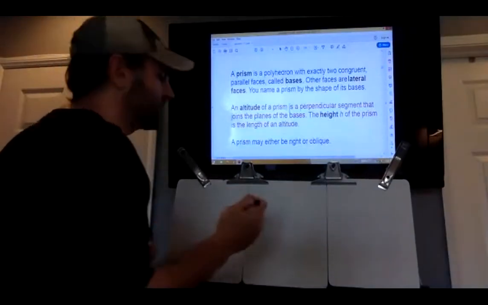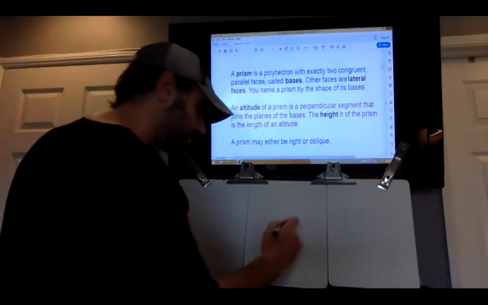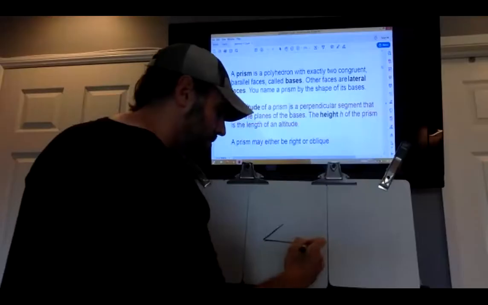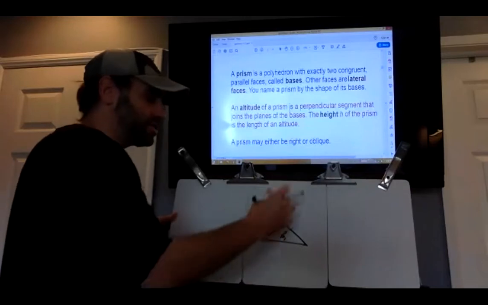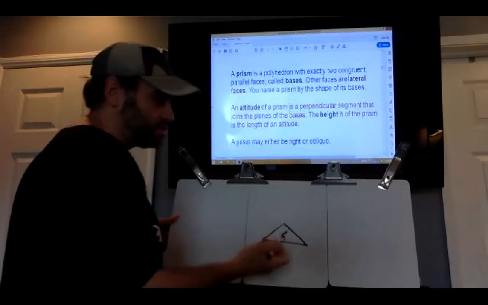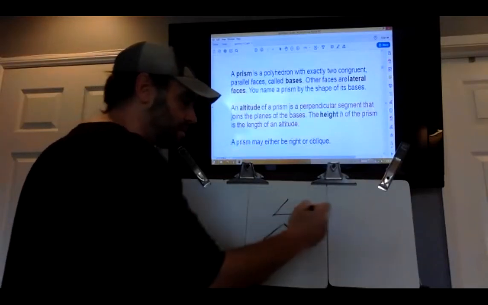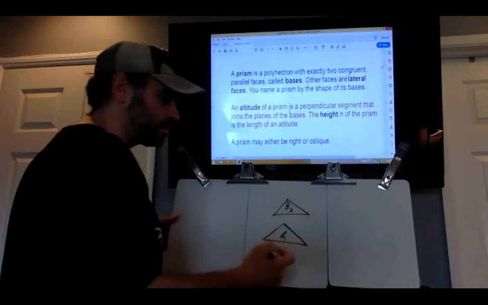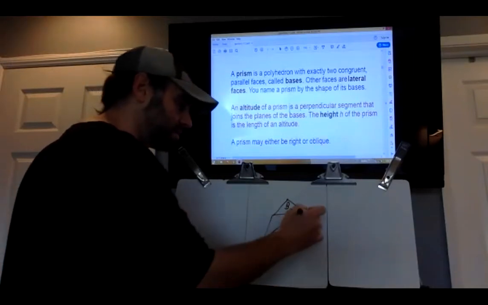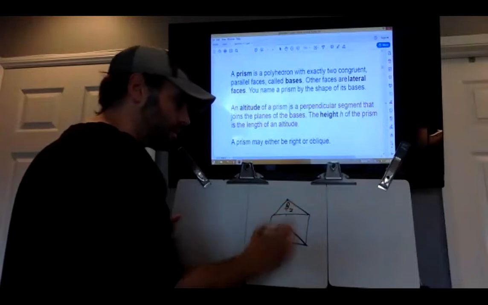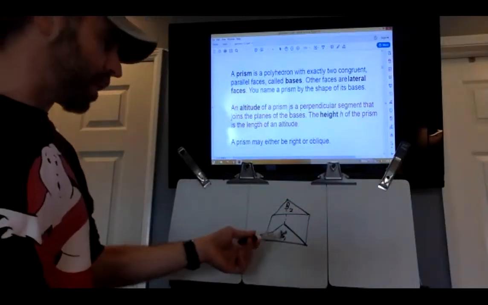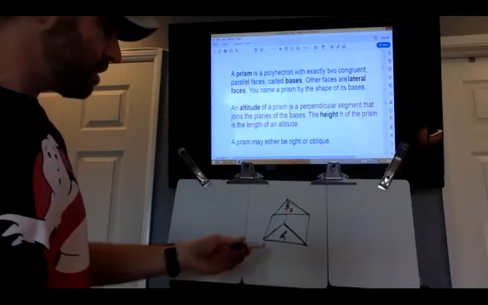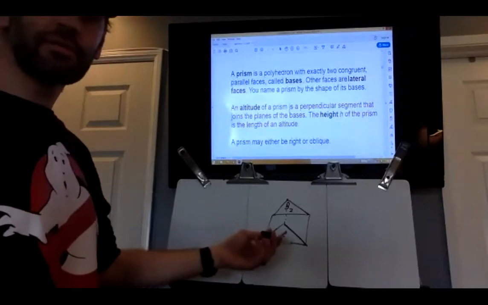Okay, so a prism is whatever the base is being stretched to a new dimension. So the 2 dimensions becomes 3 dimensions. Okay, and this one was a triangular prism because we started with a triangular base.